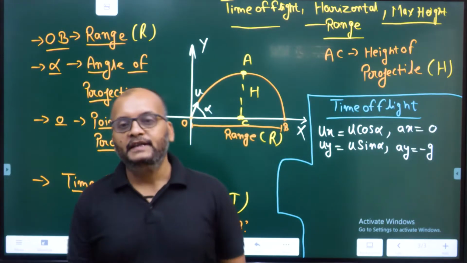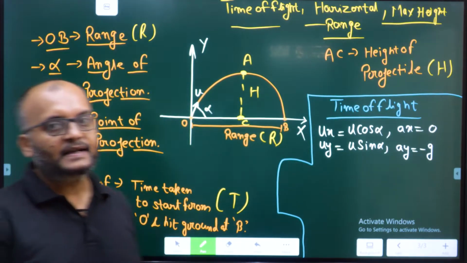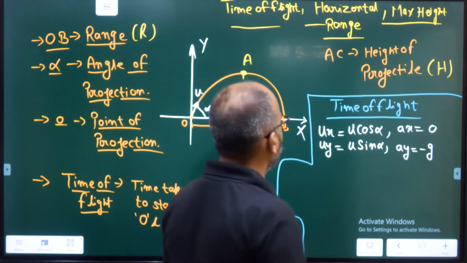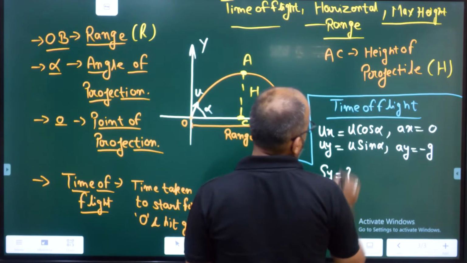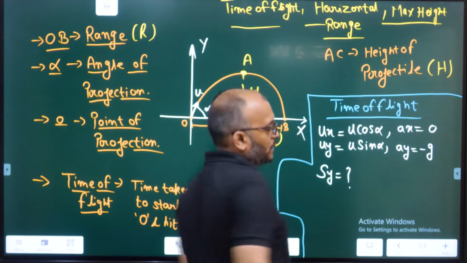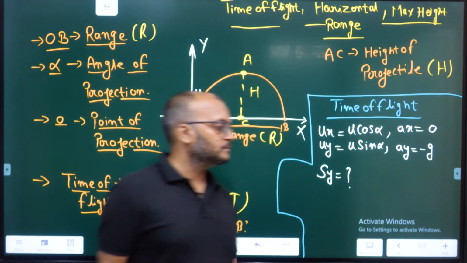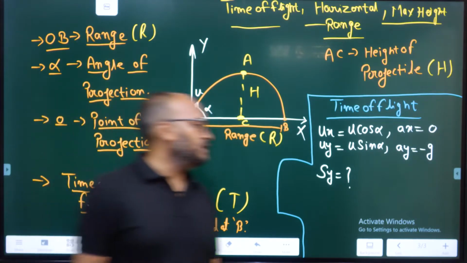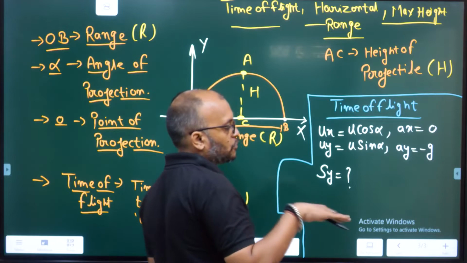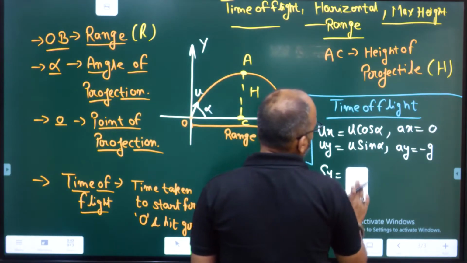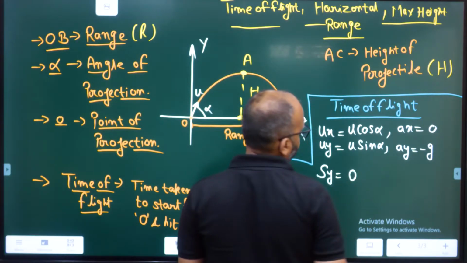What will be the vertical displacement at point B? What will be Sy at point B? 0. Obviously, because the projectile is on the ground, no vertical displacement.